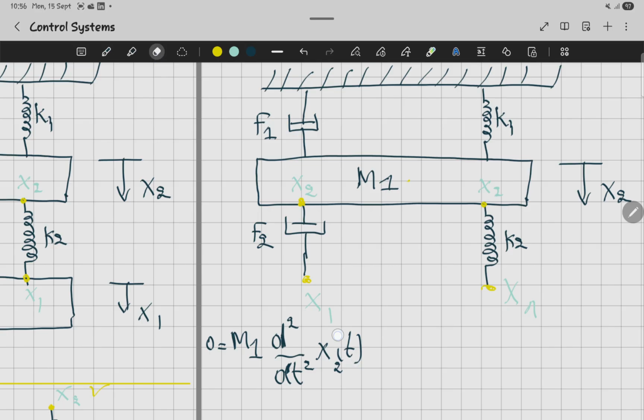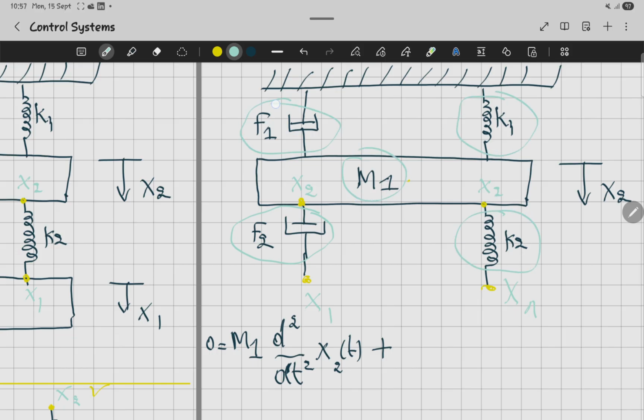Let me just write it correctly. This is what you're going to get for m1. It's going to be similar. We say 0, since we don't have ft. It's going to be 0 equal to the sum of all the components.